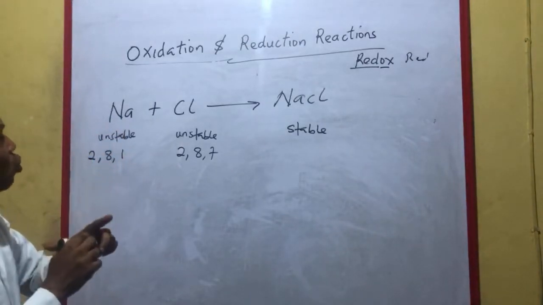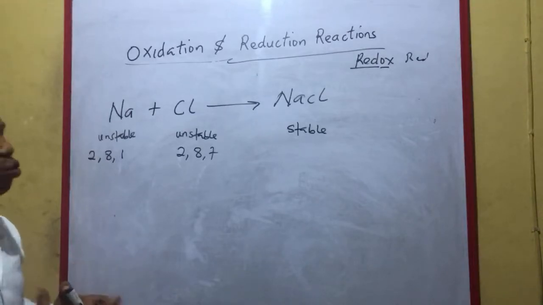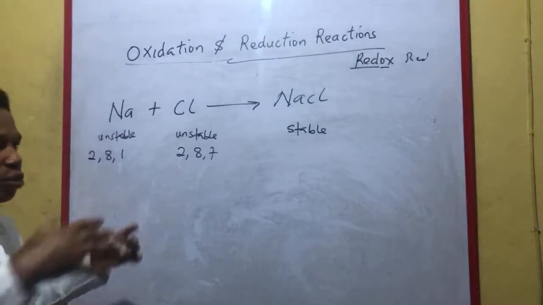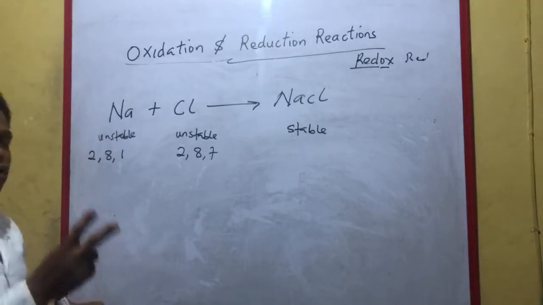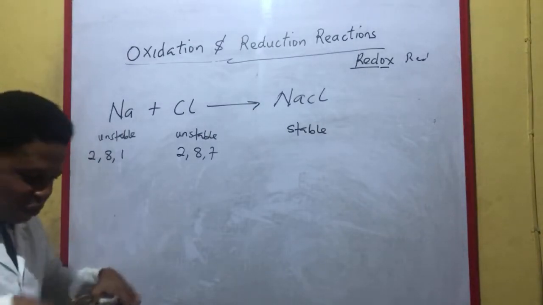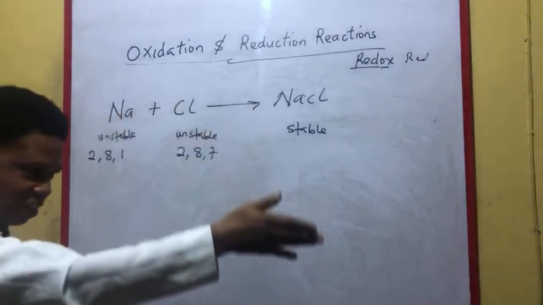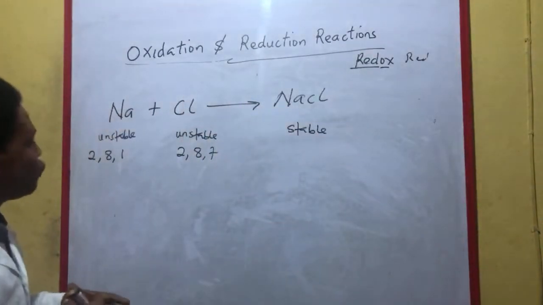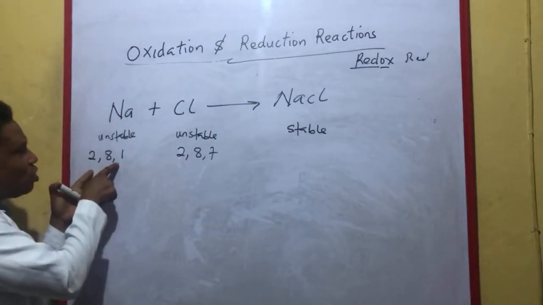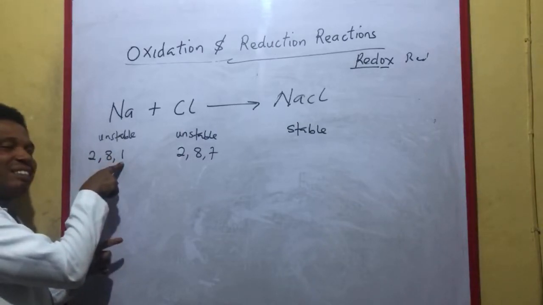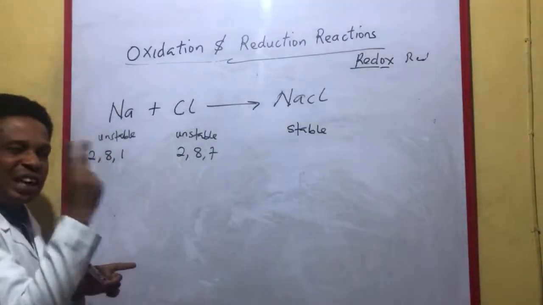Now, according to the duplet and octet rule, for an atom to attain stability, it must have 2 electrons in its first shell, 8 in the second shell, 8 in the third shell, and so on. So if you look at sodium, it has 1 in its outermost shell instead of 8.